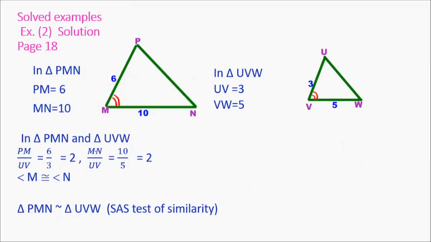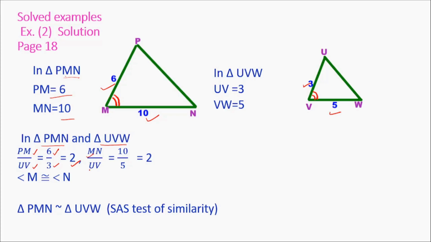So here is the solution. In triangle PMN, PM is 6, MN is 10. In triangle UVW, UV is 3, VW is 5. In triangle PMN and triangle UVW, PM to UV is 6 upon 3, that is 3 ones are 3, 3 twos are 6, we got 2 as the answer.